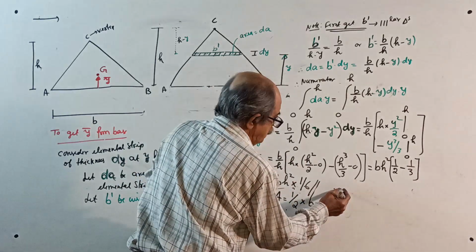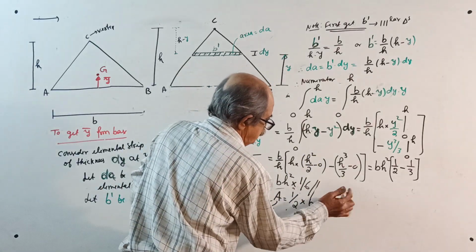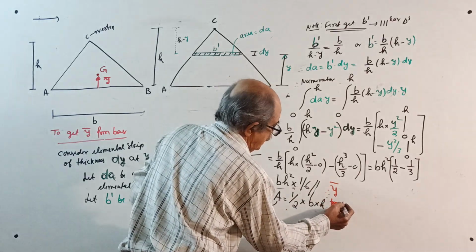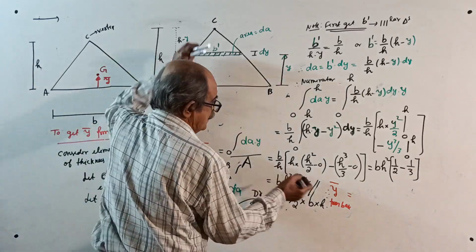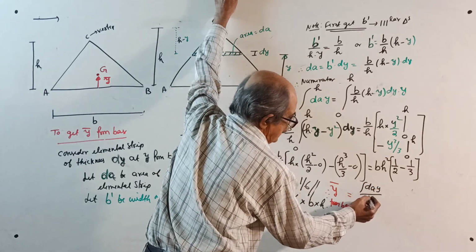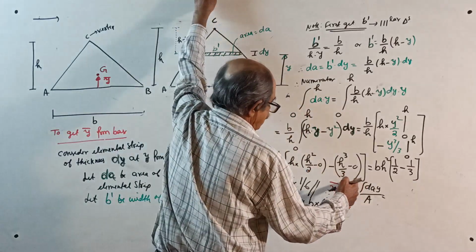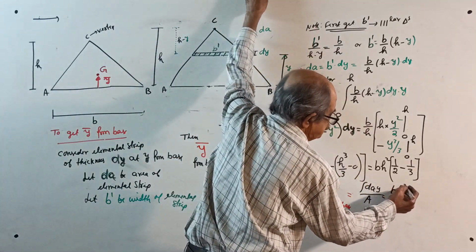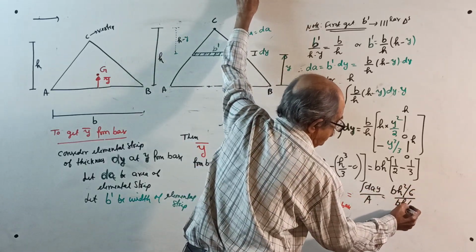Therefore, your y bar equal to, see, last answer now. Therefore, you get y bar measured from the base equal to, where is the formula? Integration of dA into y by area equals integration of dA into y, which is bh square by 6, divided by area, which is bh by 2.